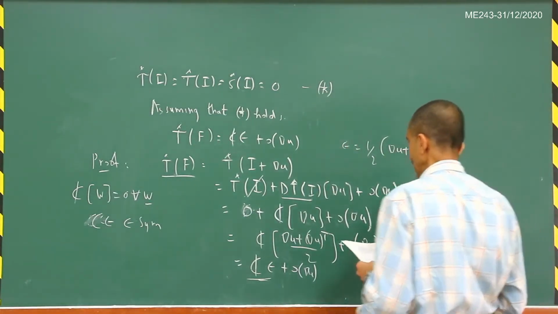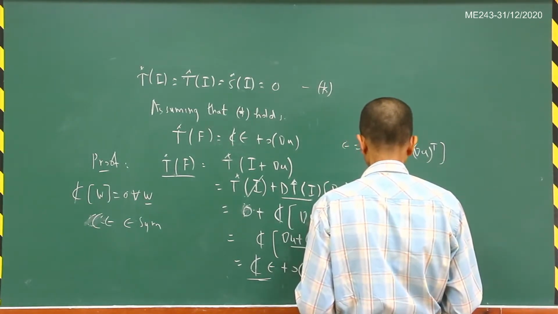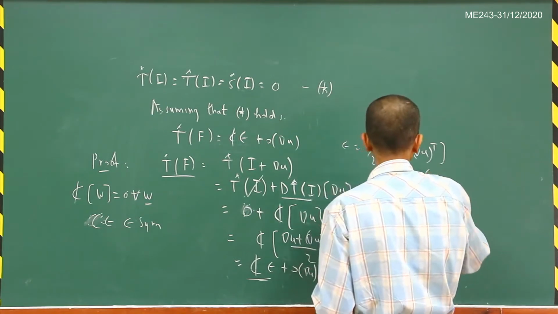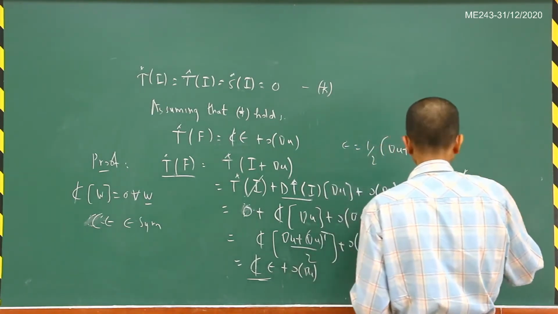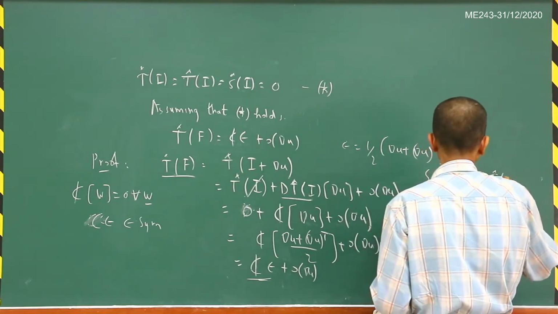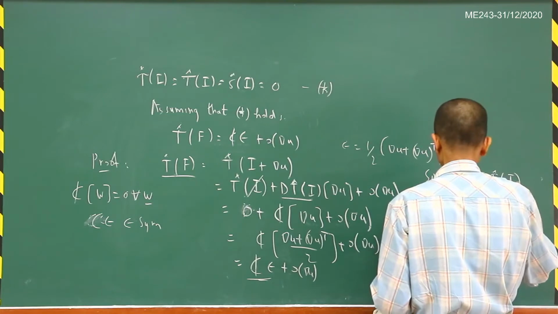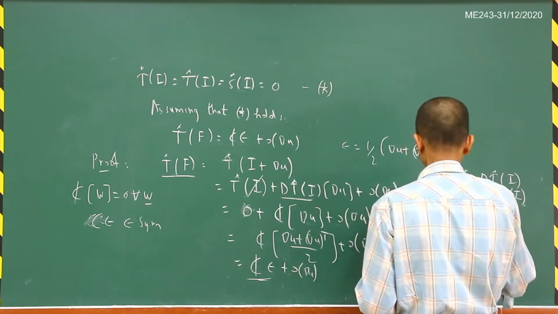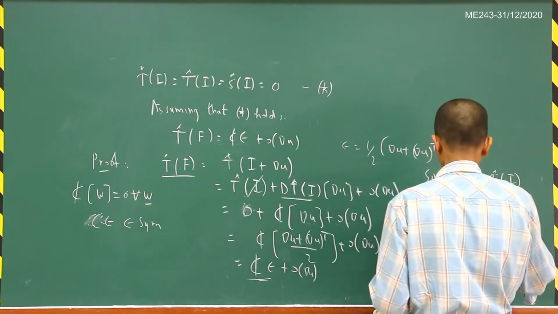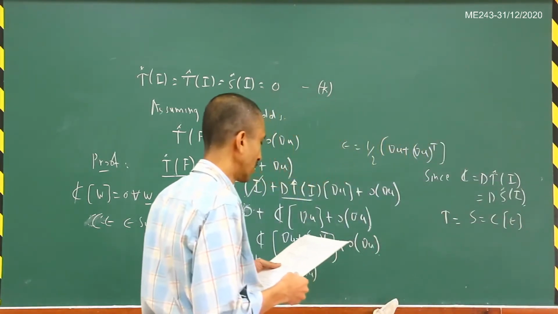Fine. And then since c is also equal to d of tau hat of I, and is also equal to d of s hat of I, we will also have that tau is equal to s is equal to c epsilon. Within the linearized theory, we will also have this particular relation.